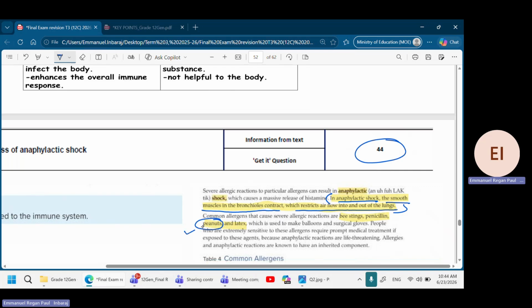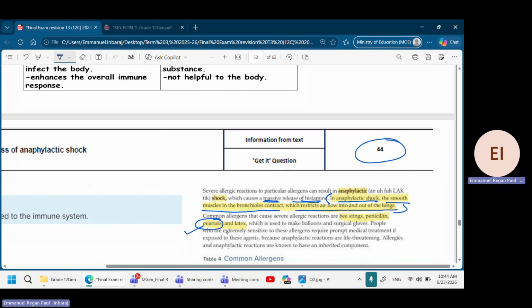This you remember. When a person gets anaphylactic shock, the body releases a massive amount of histamine. Three points on anaphylactic shock. What happens during anaphylactic shock? The smooth muscle in the bronchiole contracts, which restricts airflow into and out of the lungs.